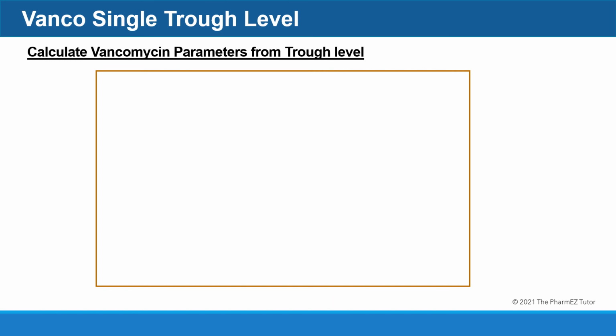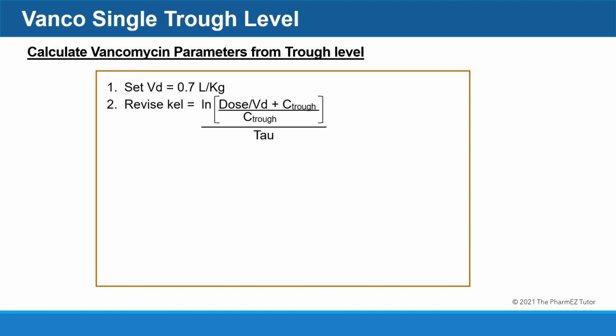Here are the steps to calculate the vancomycin parameters from the trough level that we just drew on this patient. We set the VD at 0.7 liter per kilogram, and then we use a revised KEL equation, which is a combination of many fundamental kinetic equations that are reassembled into one.